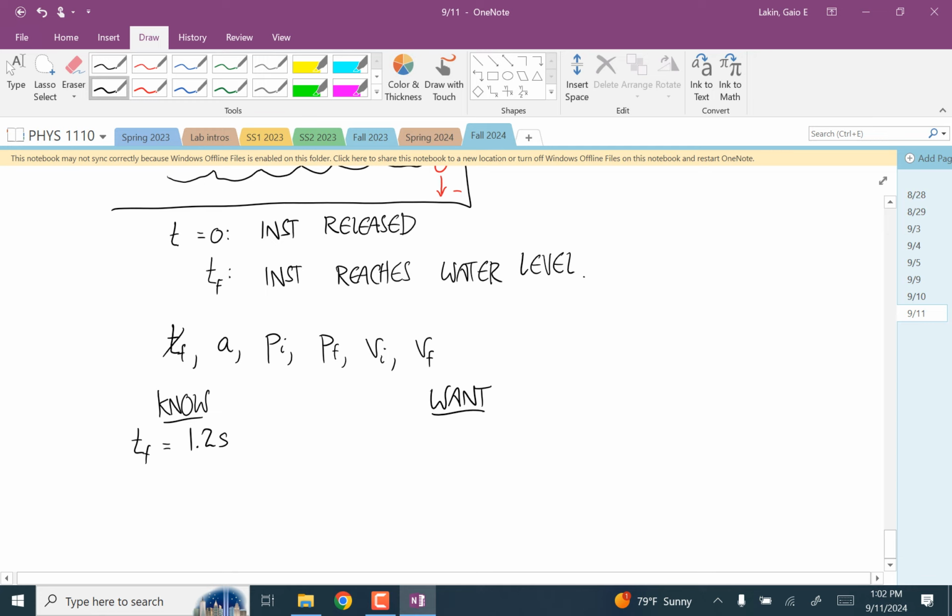Do we know the acceleration? Yes. We do. In free fall, we always know the acceleration. We know that it's 9.81 meters per second squared down. Is down positive or negative for us? Right. And so if you always choose your positive up, that acceleration is always negative.